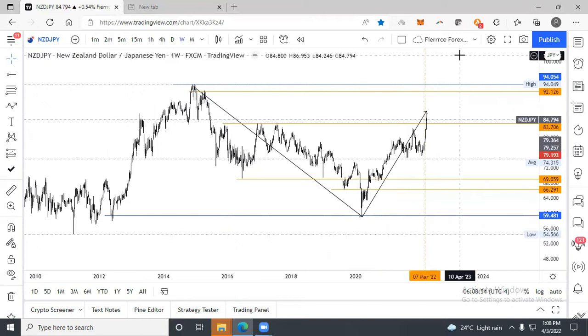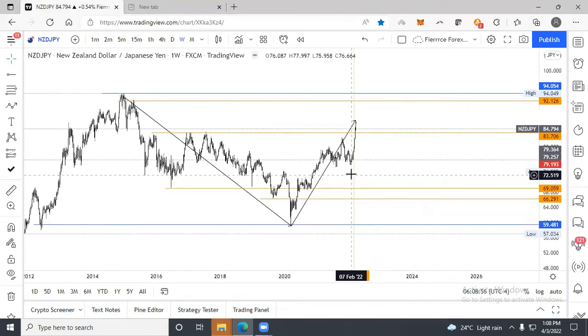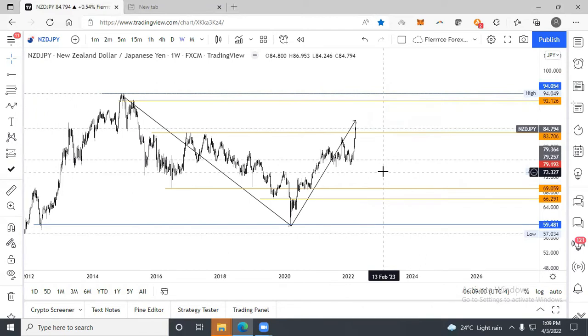Okay, now why is what I'm saying important? Because you need to understand that anytime we see, and this is on the weekly time frame, on the daily time frame, first of all, the intermediary highs and lows and the external highs and lows will also be different based on the daily structure. Remember, we're on the weekly structure.